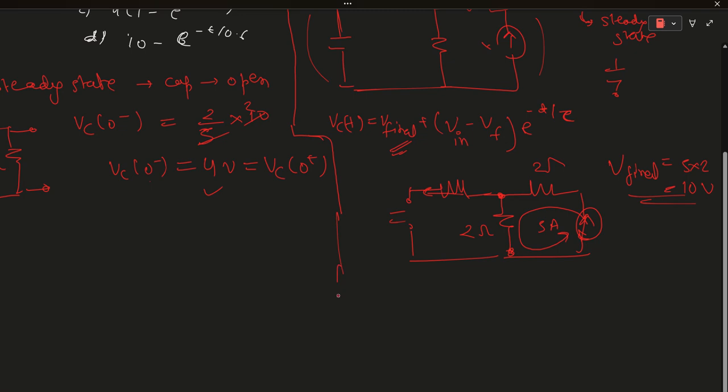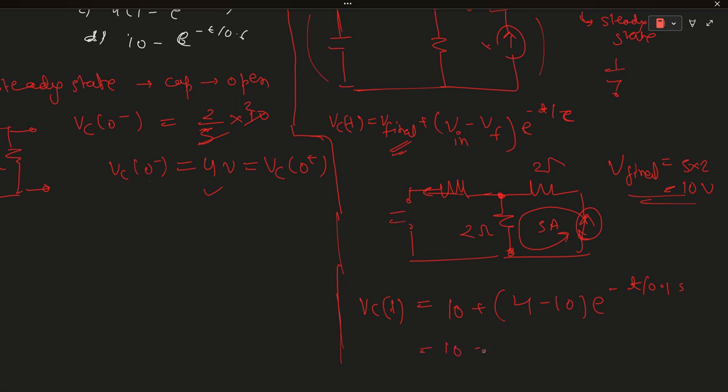Now we can put all these values in the equation, and we will get VC(t) is V final. Sorry, now we have to put the values. So V final is 10 plus V initial is 4 volt minus 10 volt, e to the power minus t by tau.